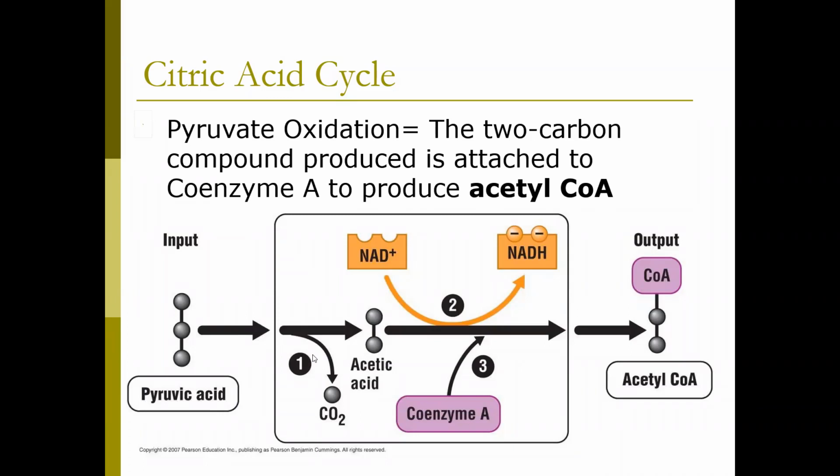Oxidation, we are losing electrons, oil rig. Those electrons are gained by our NAD plus to form NADH. So in this process, we end up with some carbon dioxide, some NADH, and acetyl-CoA.